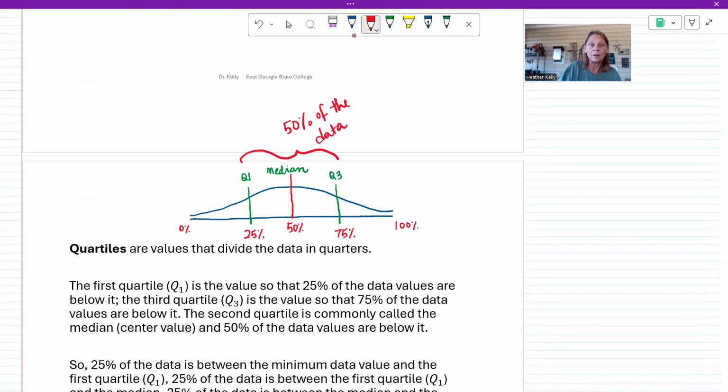And I realize I don't always say data values. Sometimes I just say data, but that is to be interchanged. Okay. When I'm talking about the range of the data, where you find the highest minus the lowest, or when you're trying to do histograms and things like that, when I say data, I do mean those actual numbers, the data values.